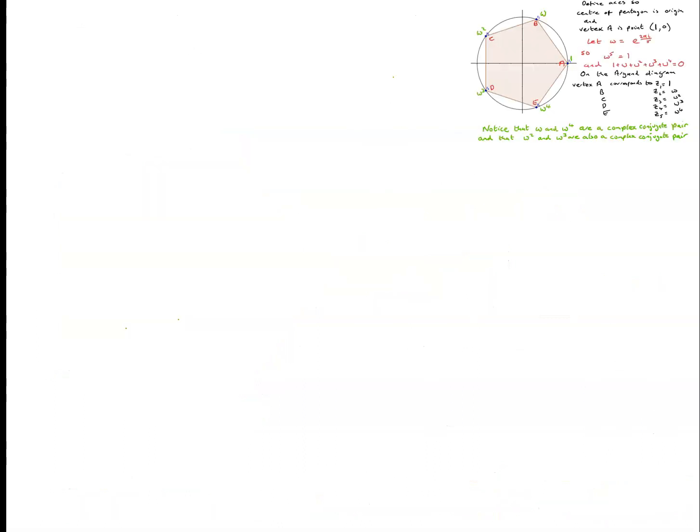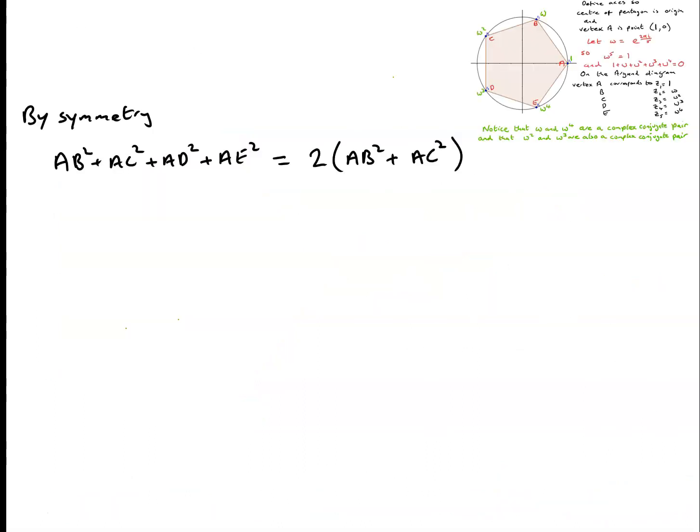So having made those observations, what we're interested in then is AB squared plus AC squared plus AD squared plus AE squared. Now AB squared is going to be exactly the same as AE squared, and AC squared is going to be exactly the same as AD squared. So the first thing we can say is that symmetry tells me that AB squared plus AC squared plus AD squared plus AE squared is twice AB squared plus AC squared.